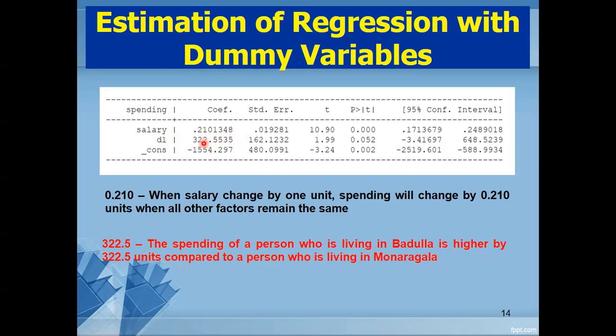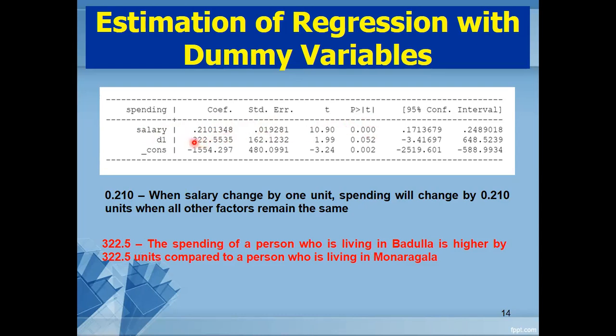Now you can estimate the regression with dummy variables, and at the same time interpret the coefficient of the dummy variable. Not only that, you should be able to check the statistical significance of the estimated coefficients. The estimated coefficient of the salary is statistically significant at the 1% level.